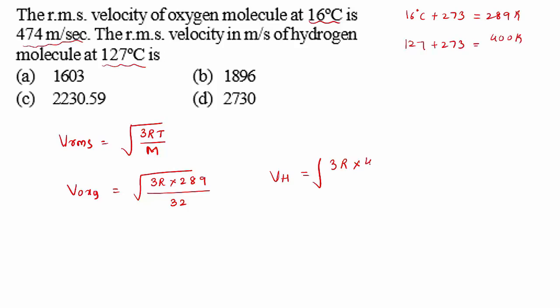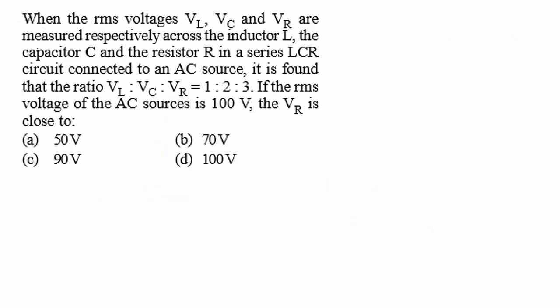Substitute here 400 divided by the mass of the hydrogen, which is 2. Substituting, we will get 2230.59 meter per second. Is it clear? So the RMS velocity of the hydrogen molecule is 2230.59 meter per second. Option C is right.